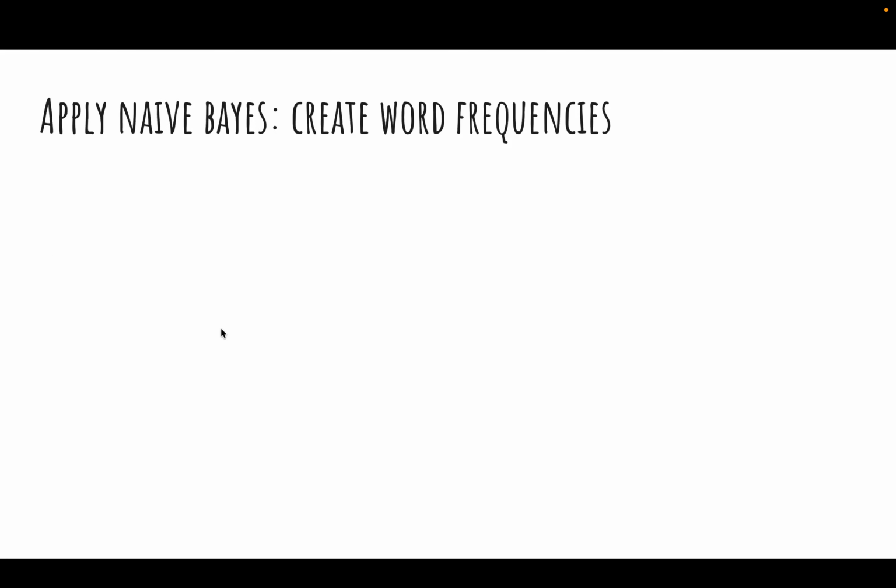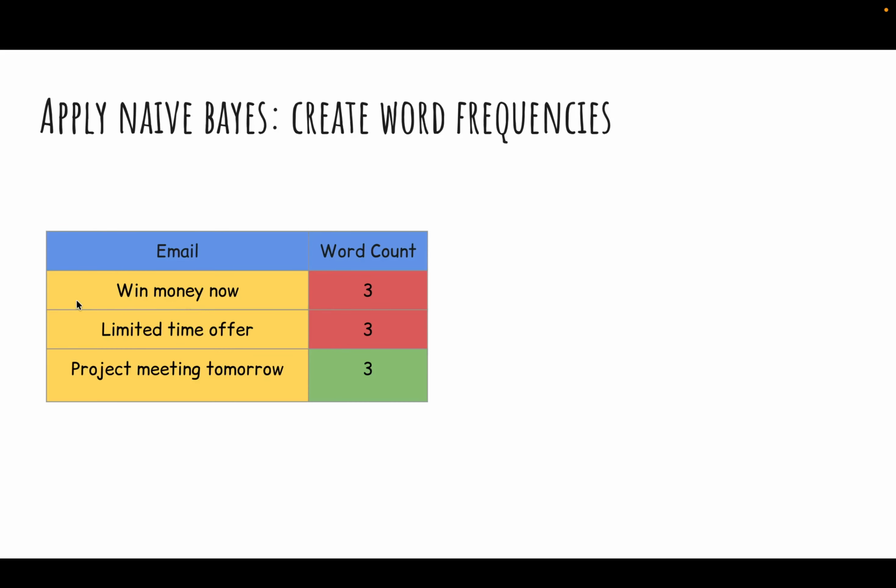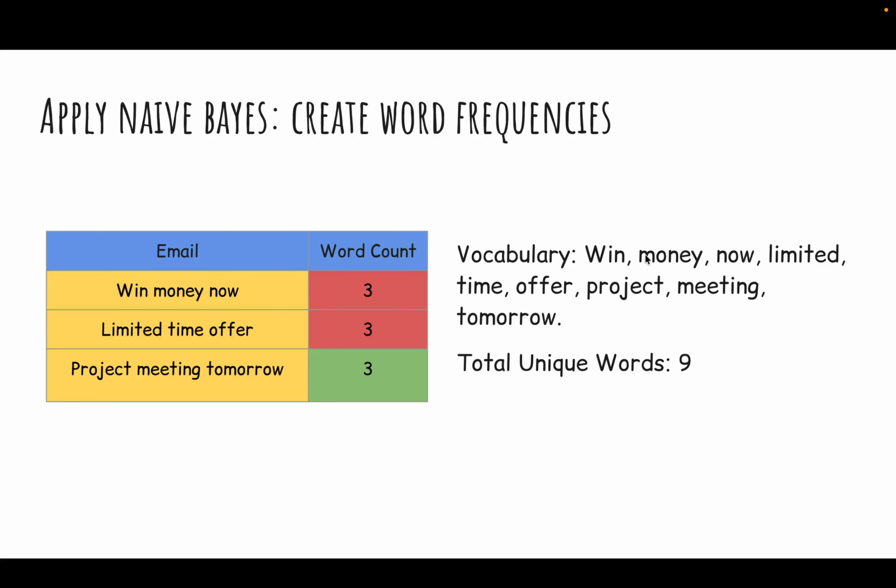Now comes creating the word frequency. Since each mail contains 3 words, our word count is 3 for all mails. Next comes our vocabulary, where we have all the different words present, and in total we have 9 unique words.